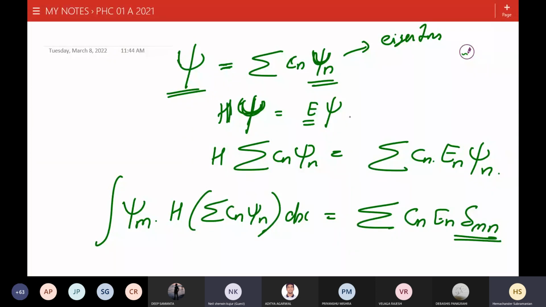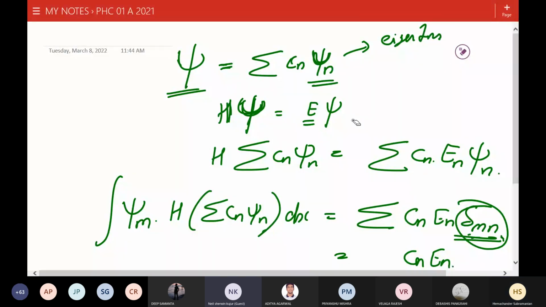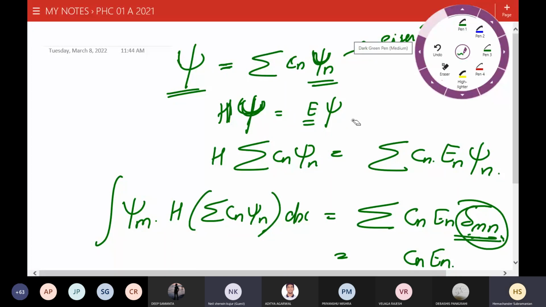Delta is the delta function. When m equals n, delta Mn is 1. When m is not equal to n, delta Mn is 0. So this eventually would give you Cn En. Sorry, not summation. There is no summation there. I don't want to confuse you guys. Let me step back.